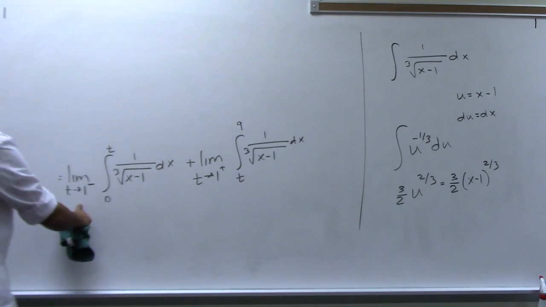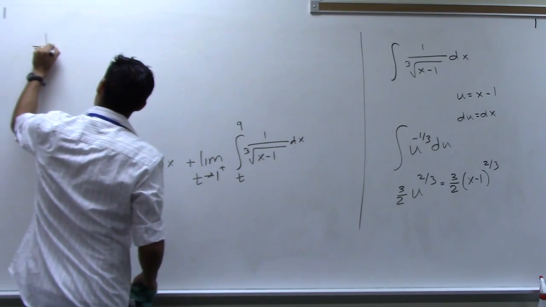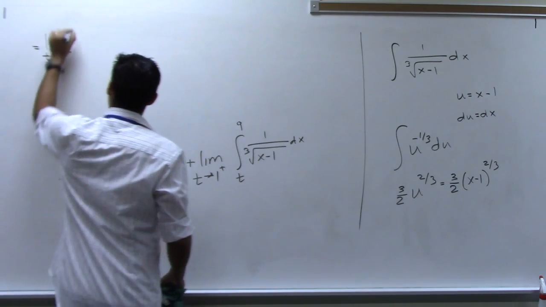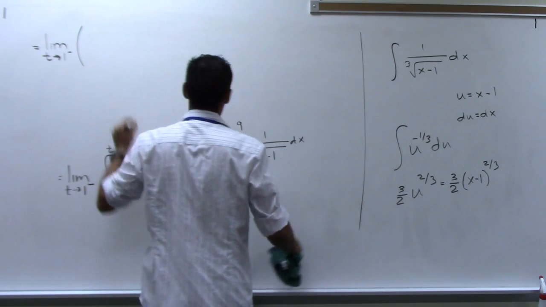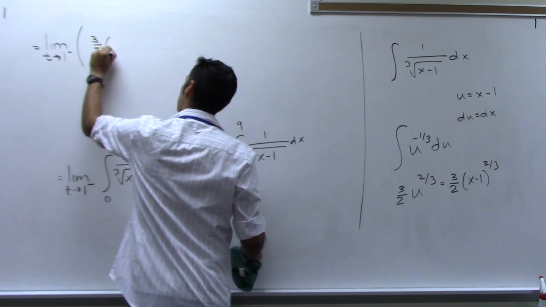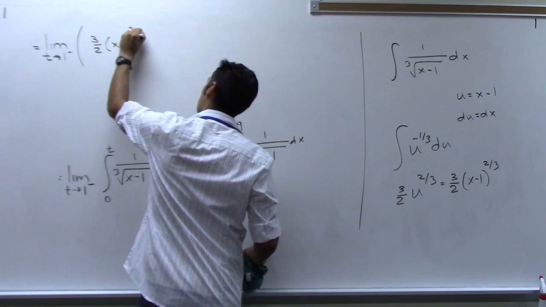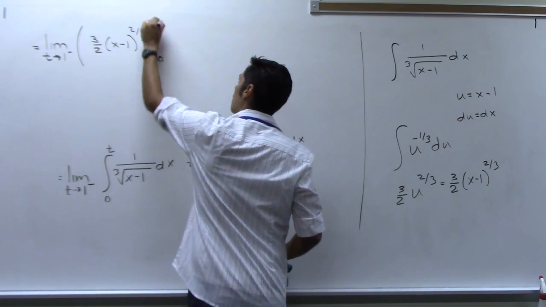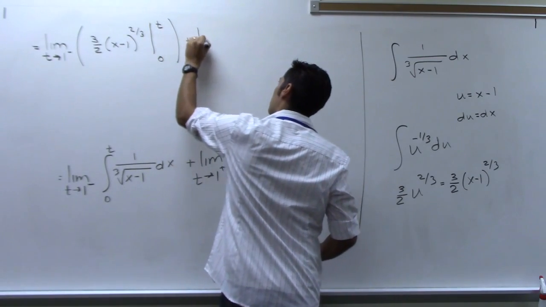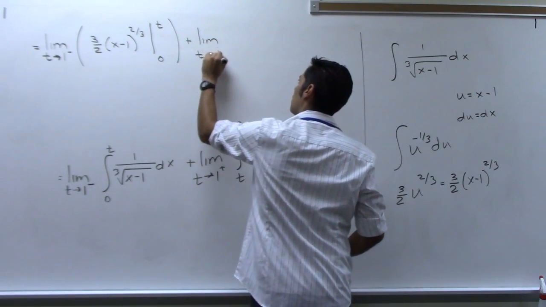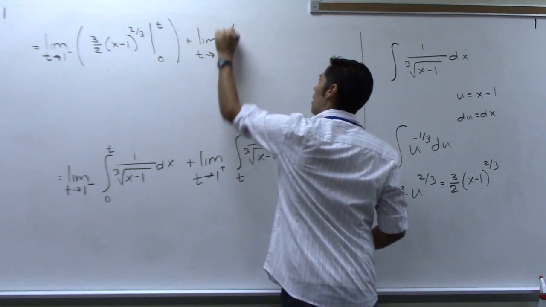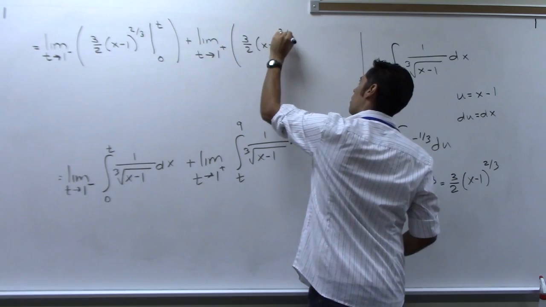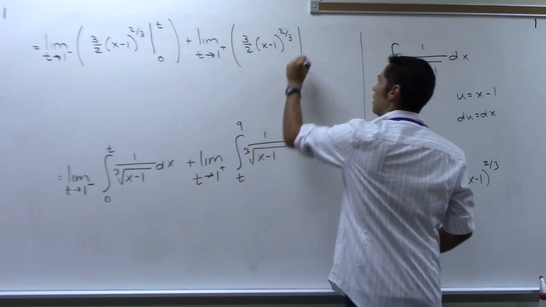So this first one becomes limit t approaches 1 from the left of the antiderivative of this, which is 3/2 x minus 1 to the 2/3, evaluated from 0 to t, plus limit t goes to 1 from the right of 3/2 x minus 1 to the 2/3, evaluated this time from t to 9.